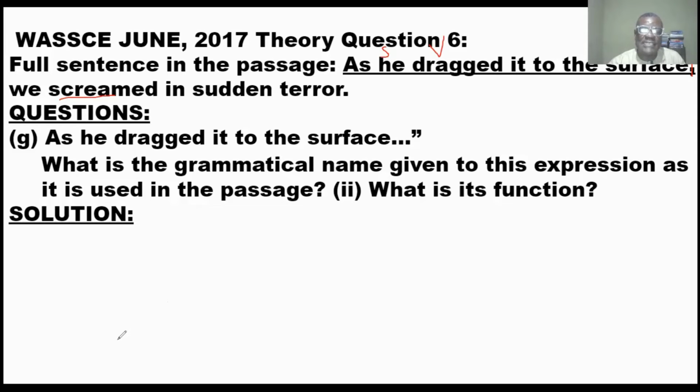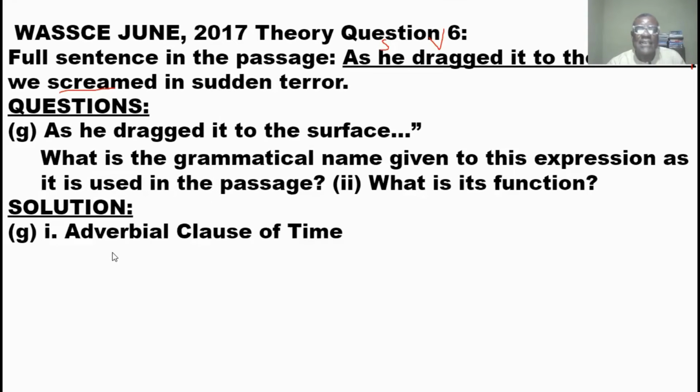Okay, so this is exactly how you arrive at the answer. And so the answer to question I, the grammatical name, is adverbial clause of time. And take note, you don't have to say the grammatical name is blah, blah, no. Simply write adverbial clause of time.